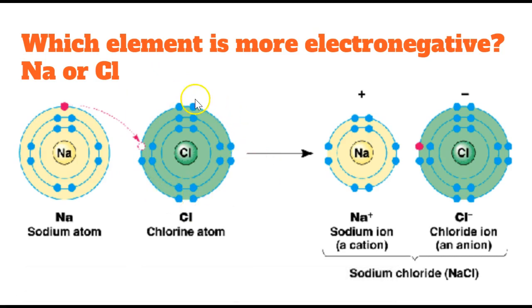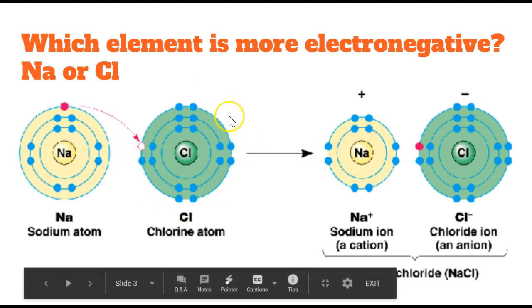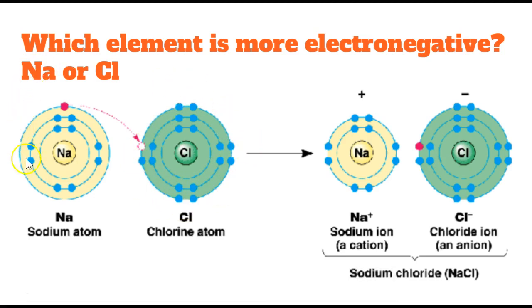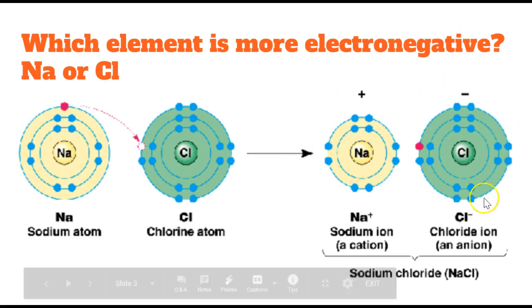We know, looking at the model of sodium and chloride, that chlorine is going to gain the electron because that allows it to fill its valence shell. So in this case, chlorine is more electronegative than sodium is. Sodium is not very likely to gain electrons, whereas chlorine has a greater tendency to gain electrons. And in fact, it does.